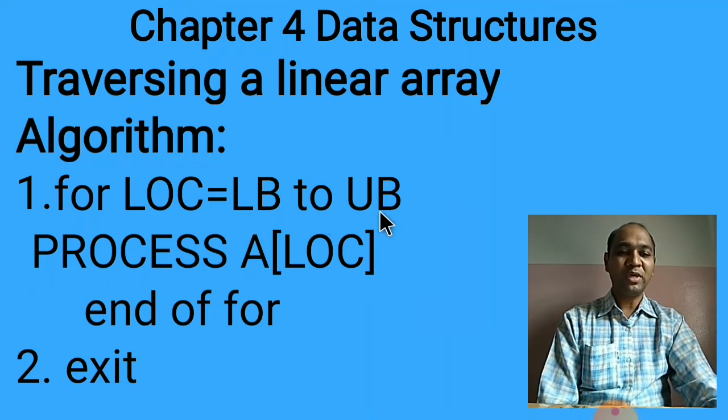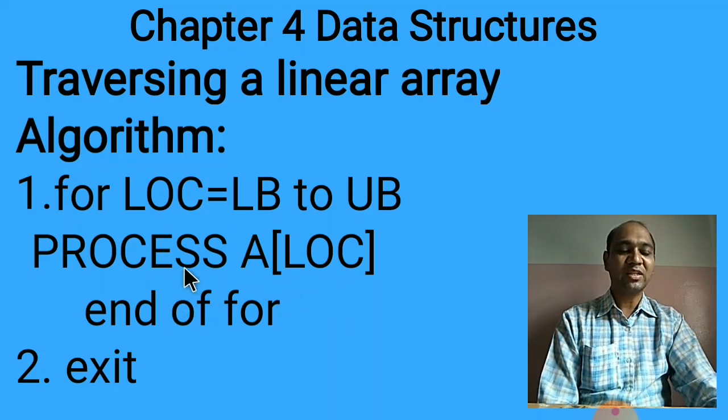LB to UB, UB is the upper bound. The upper bound could be any number of data items. So here let us take n. N could be any number, correct? Next we'll go for process A of location. A is the name of the array variable, and in the square brackets we have written location. So it is similar to A of I. Okay, so end of for.